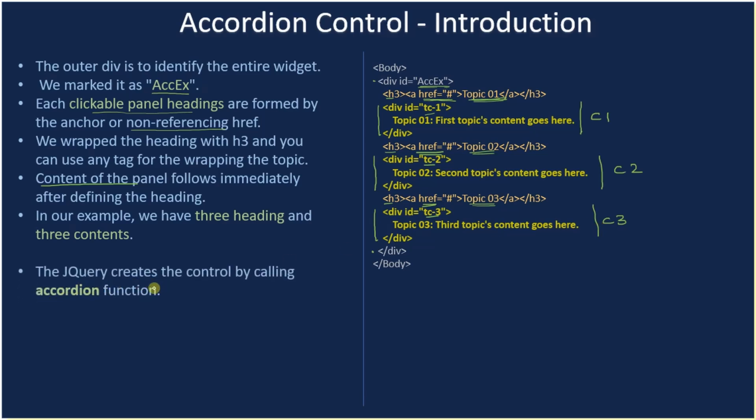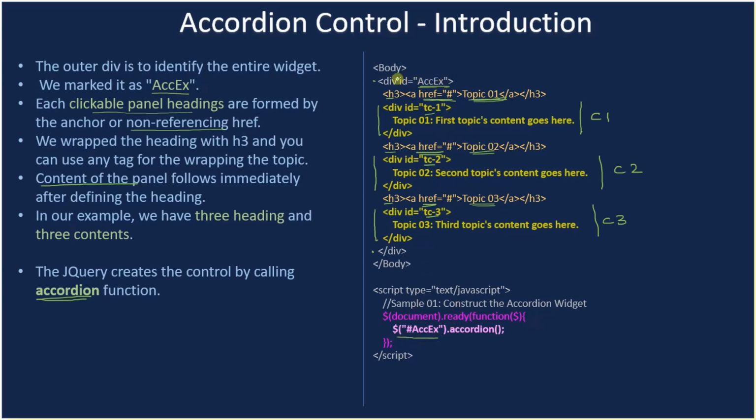The jQuery creates the control by calling the accordion function. So here is our jQuery in the document ready. First we pick the element, right? This div element. Then we make a call to the jQueryUI function accordion.